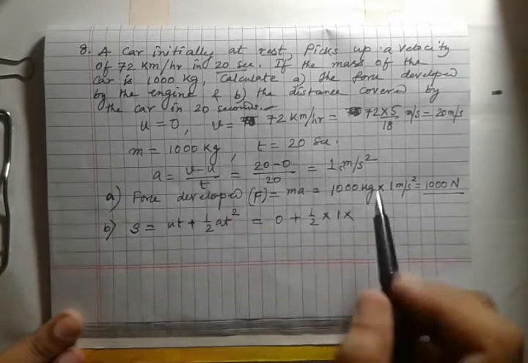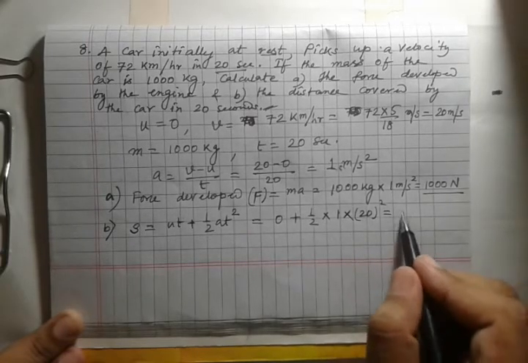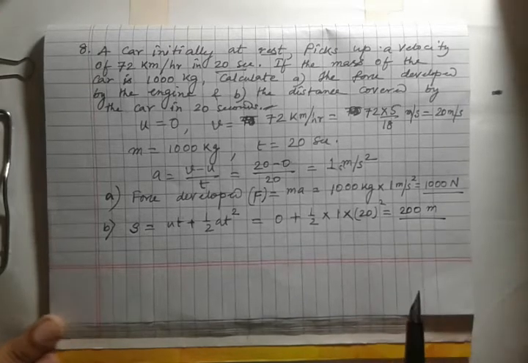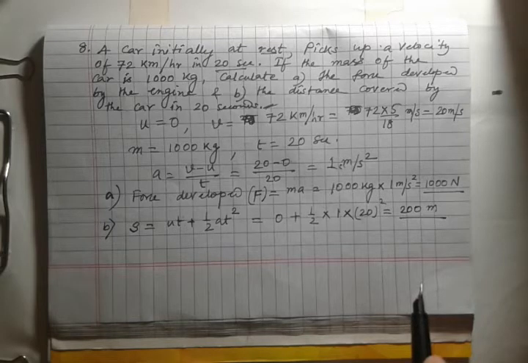How much time? 20. So 20 whole square, 20 squared means 400. So it will become 200 meter. So this is the answer. Check the answer. Okay, 200 meter is the answer given in the book also.